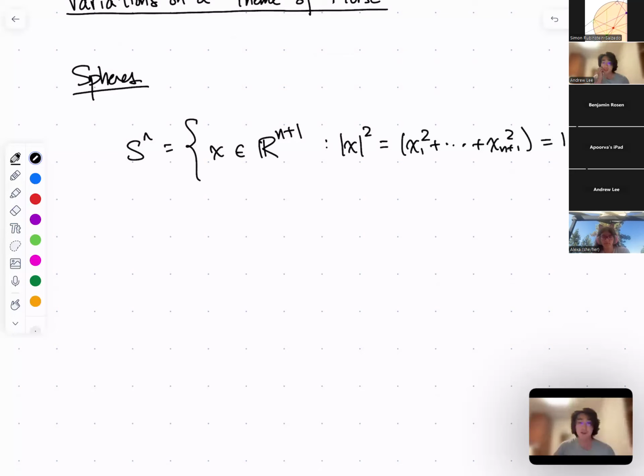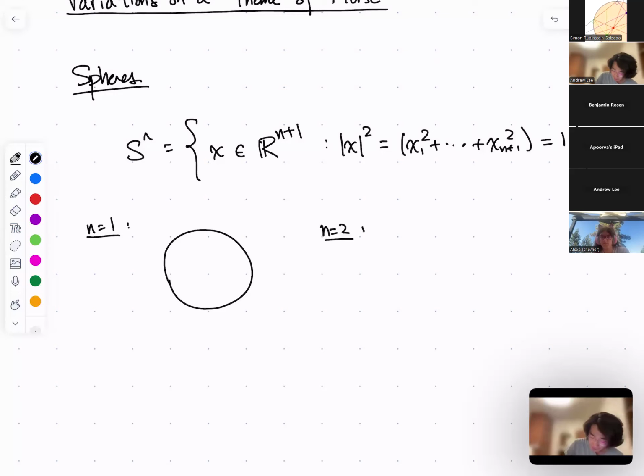This is the standard distance from the origin. I'm writing it squared because I don't want to write the square root. For n equals 1 and n equals 2, it's easy to visualize what's going on. For n equals 1, we have the standard circle. For n equals 2, we have the standard sphere.